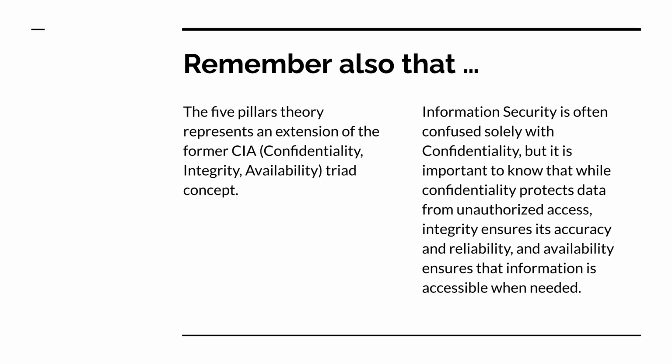Information security is often confused solely with confidentiality, but it is important to know that while confidentiality protects data from unauthorized access, integrity ensures its accuracy and reliability, and availability ensures that information is accessible when needed.